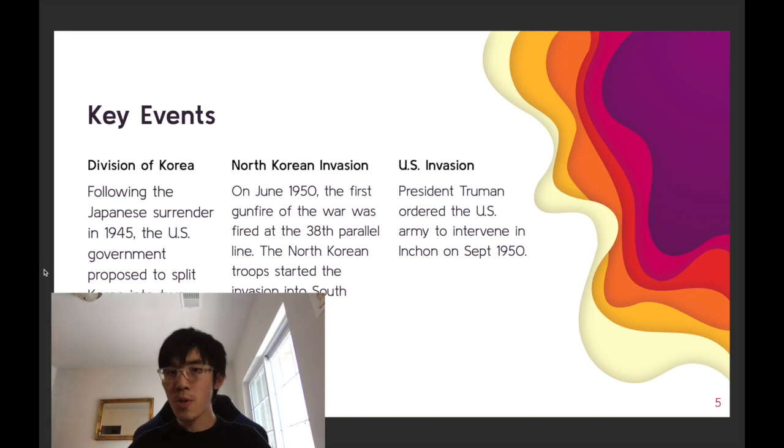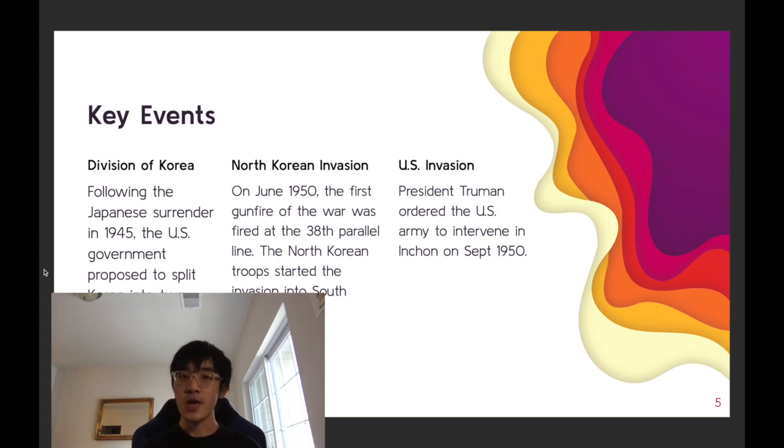So while this war only lasted for 3 years, there are still a lot of major events that led to the ultimate result. The first key event is the division of Korea. So following the Japanese surrender during the Second World War, they gave up the territories in Manchuria and Korea. And soon, communism began to spread in northern Korea.